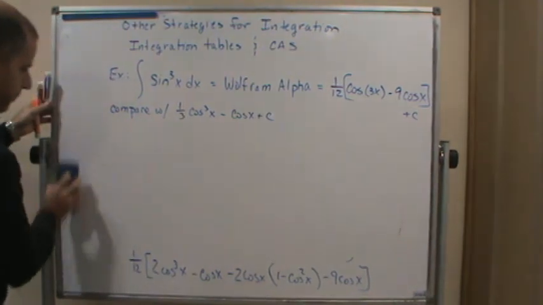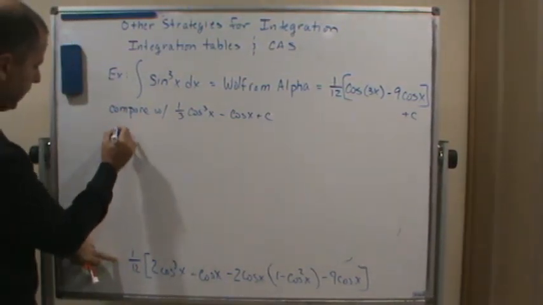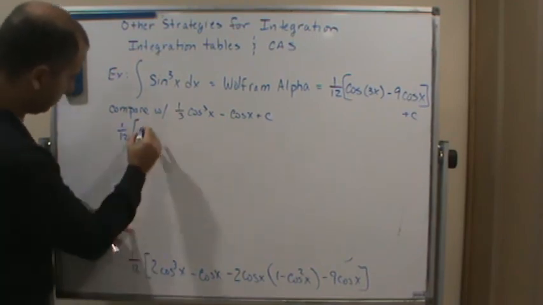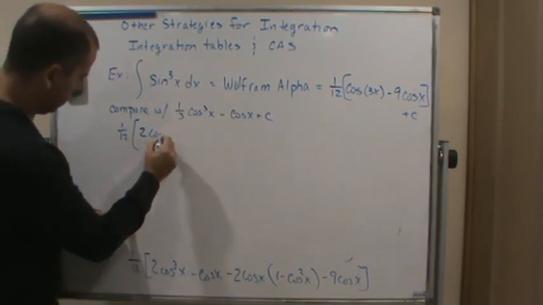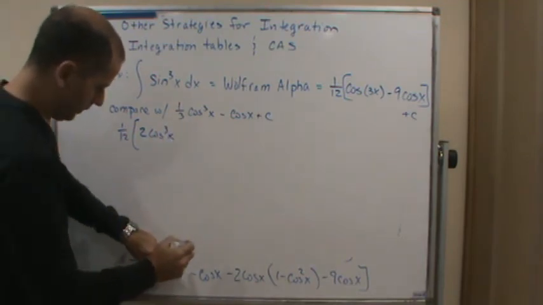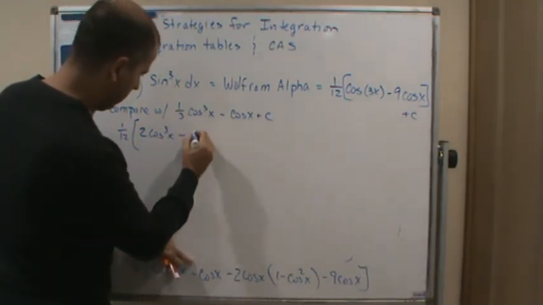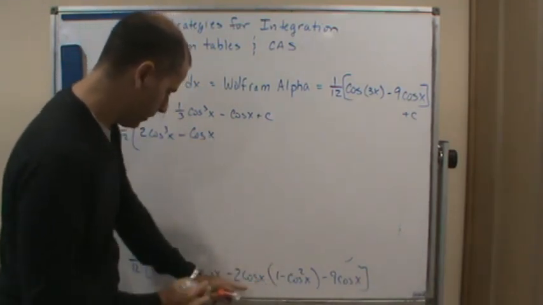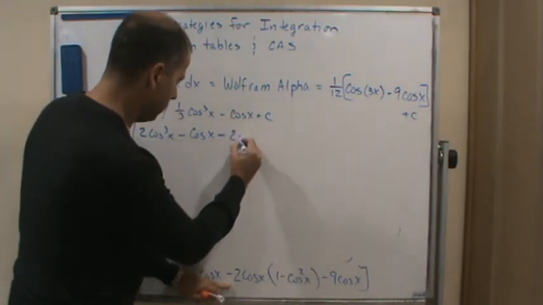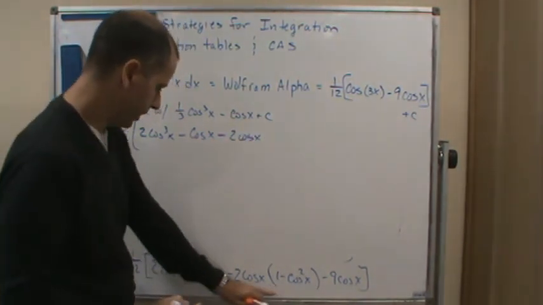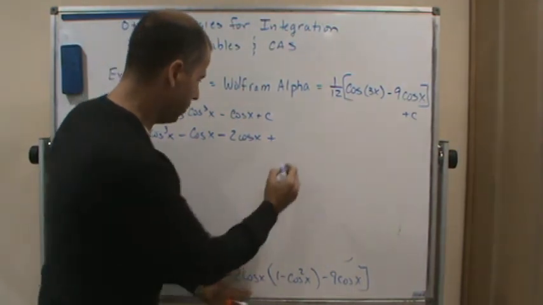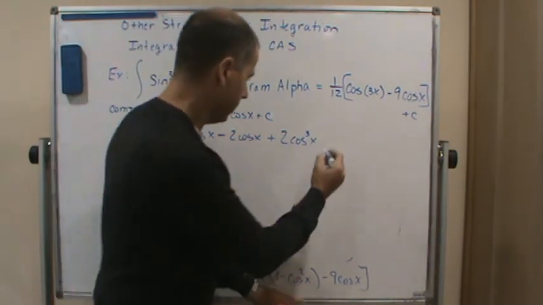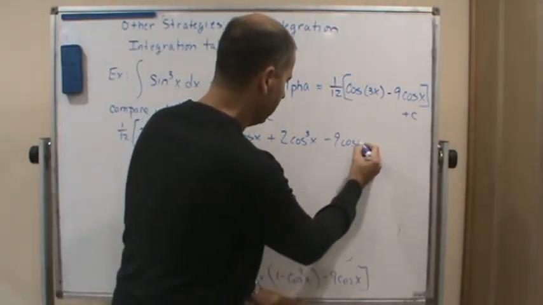So now, what happens here? This becomes 1/12, and this is 2 cosine cubed x minus cosine x. Now this is going to be distributed, so this is going to be minus 2 cosine x plus 2 cosine cubed x minus 9 cosine x.